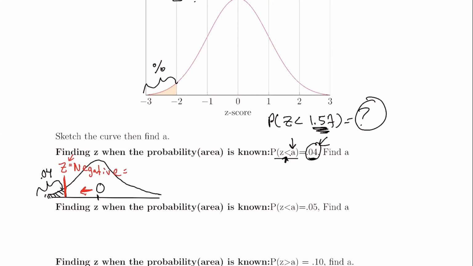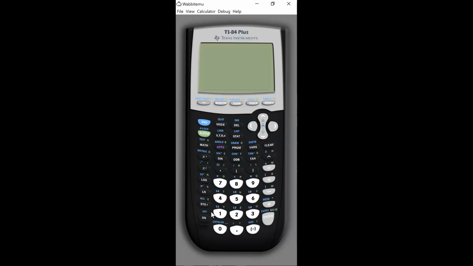All right, if you have your calculator, make sure you have it out so you can follow along on what I'm doing. The first thing you want to do is go to second and vars. It's actually the same thing you do to go to normal CDF.